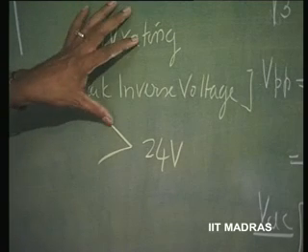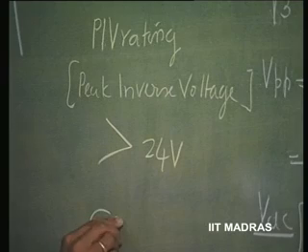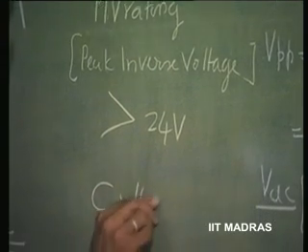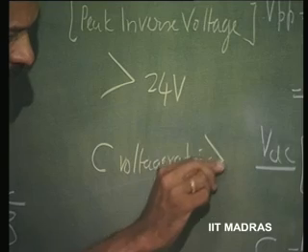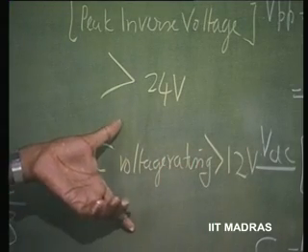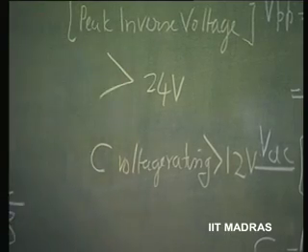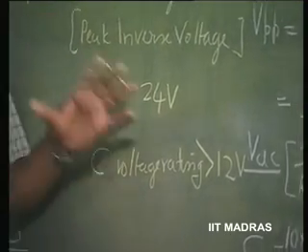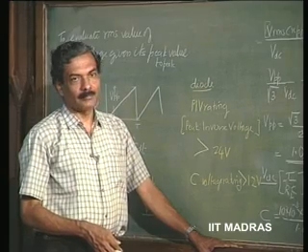This is one rating for the diode. And the capacitor voltage rating should be greater than 12 volts, the DC voltage across it. So, these are the two ratings that we have to bear in mind while designing this power supply.